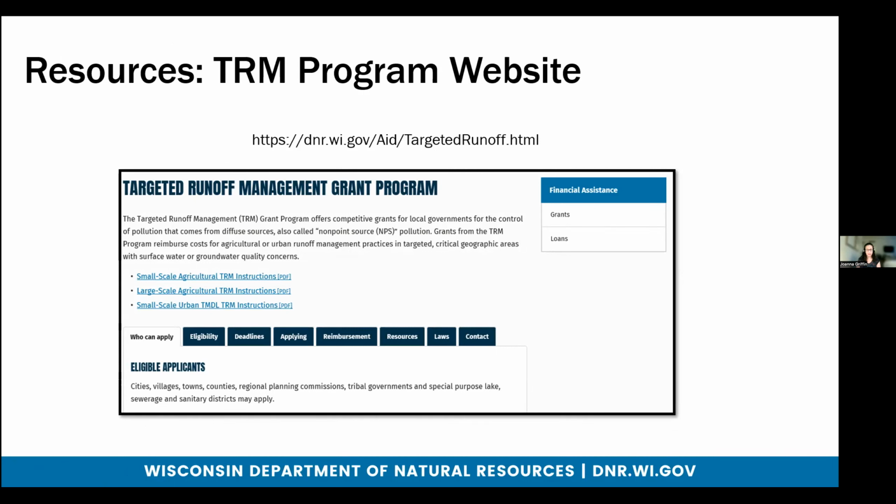Here you'll find tabs with information, applications and important forms, and links to relevant laws. As you'll learn later in the presentation, there are 4 categories of TRM grants. As part of the small scale TMDL category, there's also an urban TRM grant. Information on this urban TRM grant is available on this website. For purposes of this presentation, I'm going to be focusing mostly on the agricultural TRM grants, but I'll provide a short summary of the urban TRM grant later in the presentation.